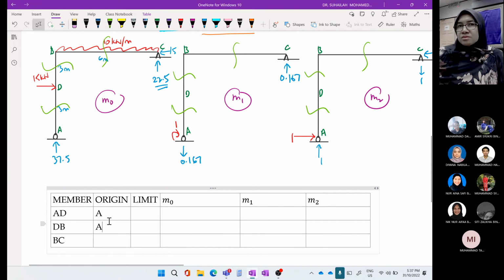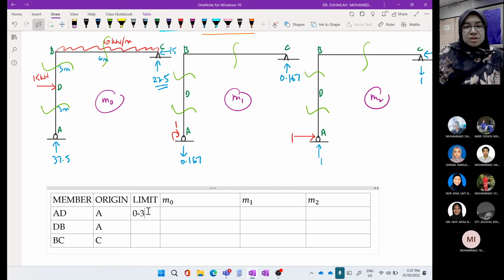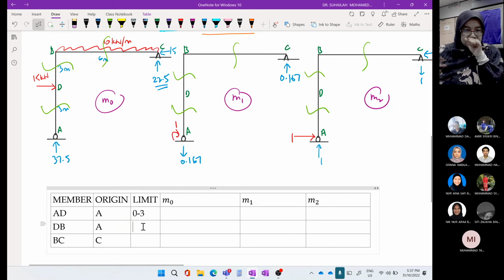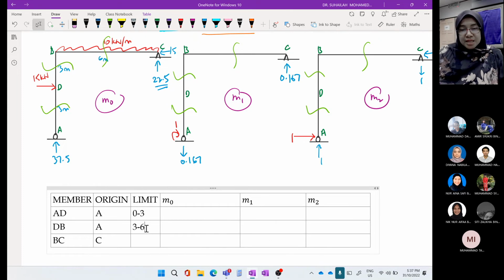We can choose A as well. For BC, C. When A is origin, in member AD, for the first cutting section, what is the limit? 0 to 3. Okay. For cutting number 2, DB, origin A, limit 3 to 6. BC, 0 to 6.